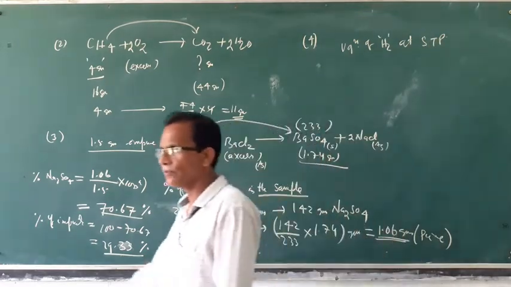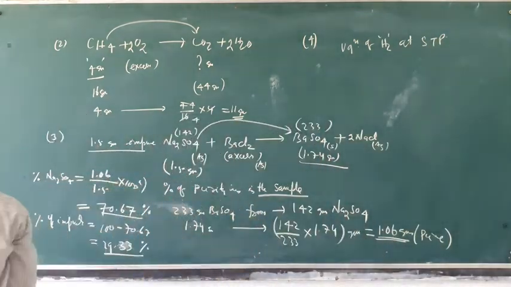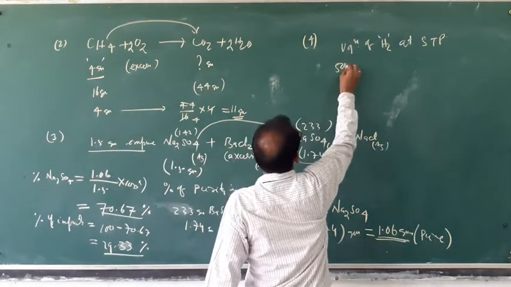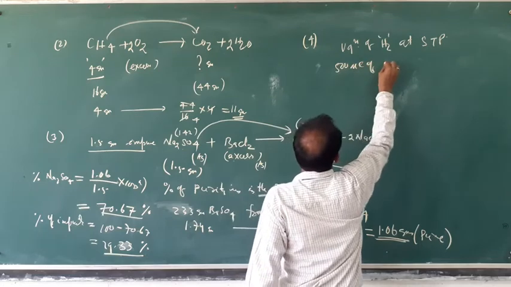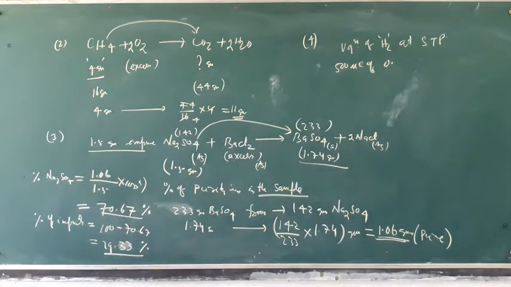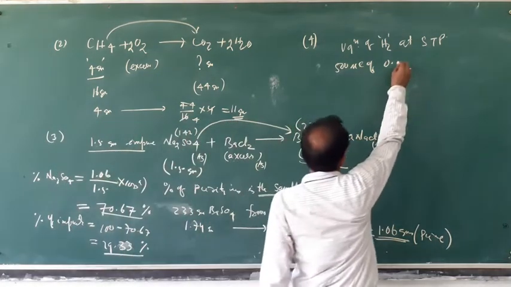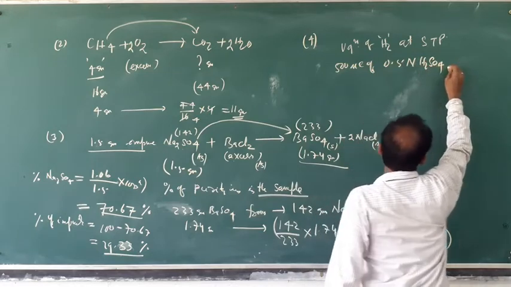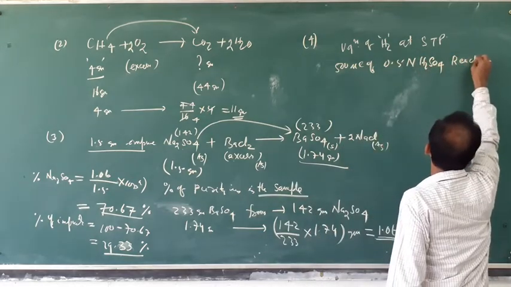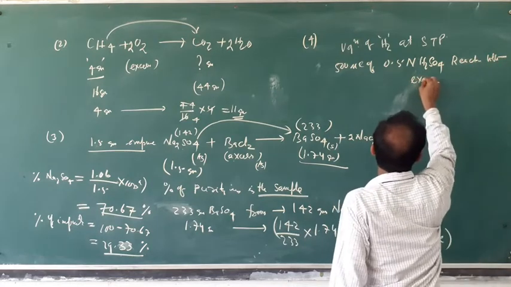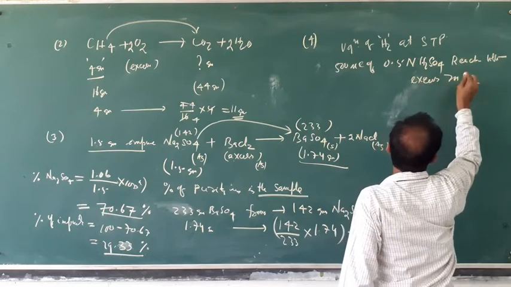How much volume of hydrogen will be produced at STP when 500 ml of 0.5 N sulfuric acid reacts with excess zinc metal?